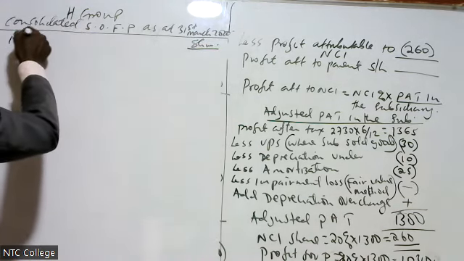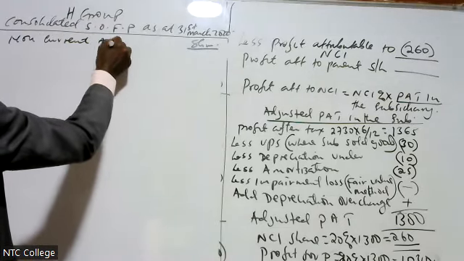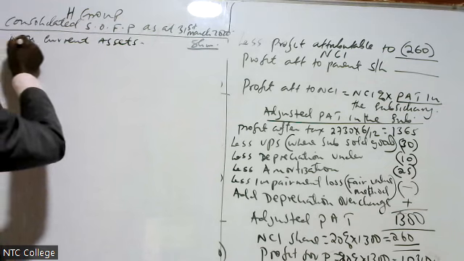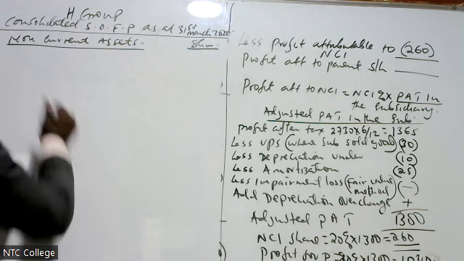We start with non-current assets. That one we have PPE.